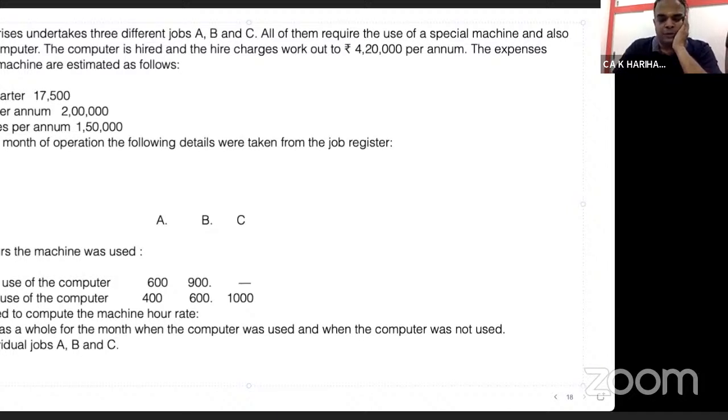The number of hours machine used for jobs A, B, and C without and with use of computer is given in this question. You are required to compute the machine hour rate without use of computer and with use of computer, and the individual job cost also you have to compute. Shall we try?